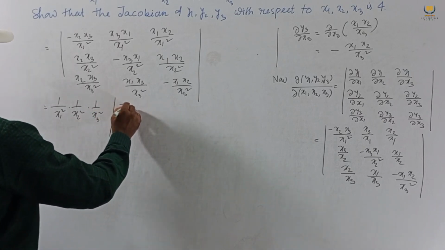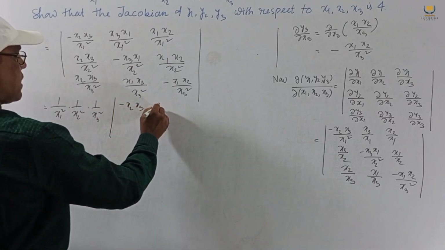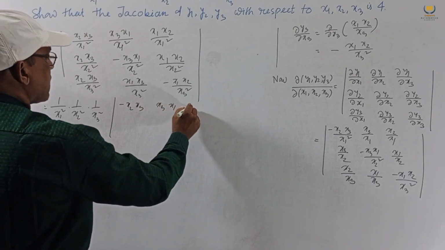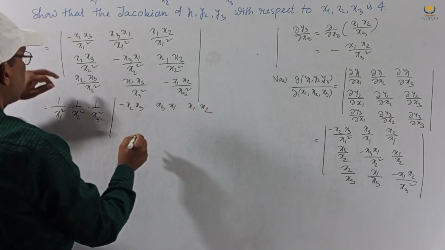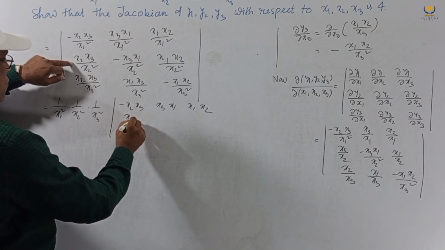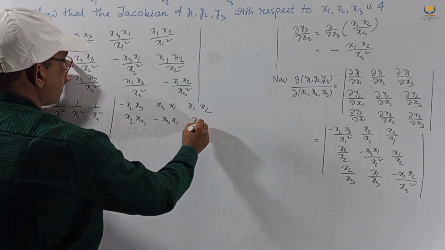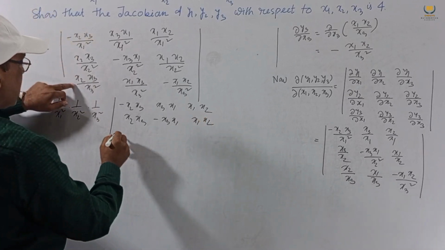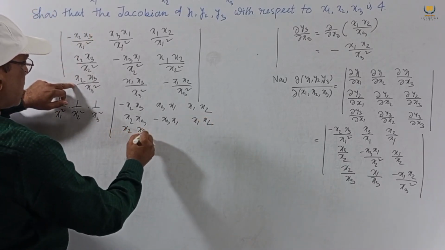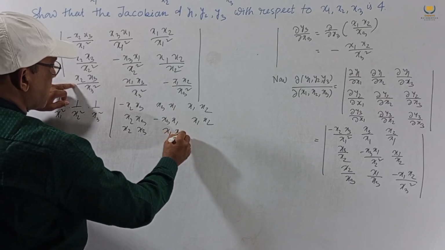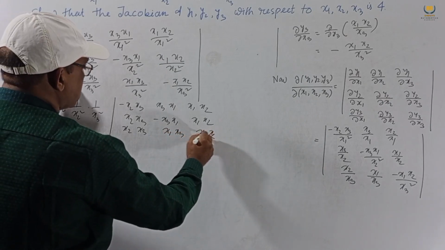Inside we get minus x2 x3, x3 x1, x1 x2, then x2 x3, minus x3 x1, x1 x2, and x2 x3, x1 x3, minus x1 x2.